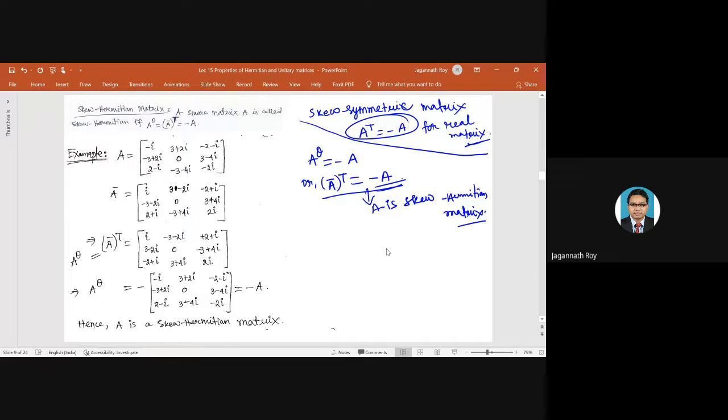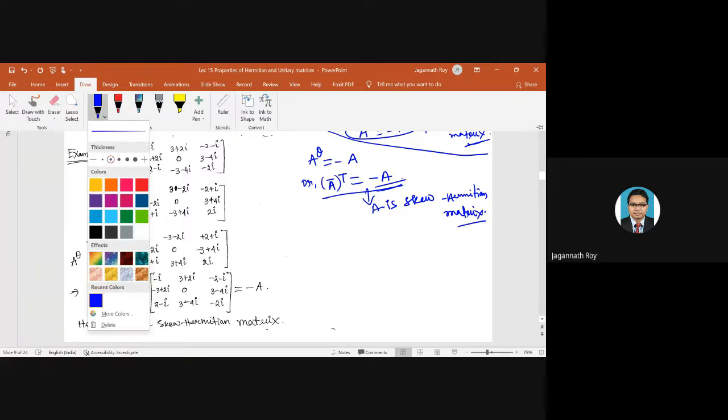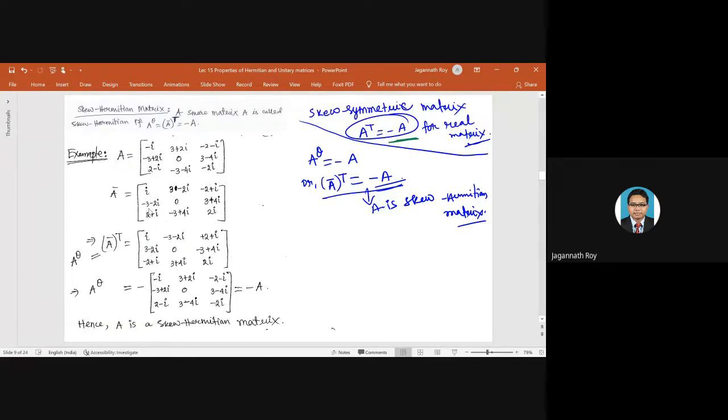So what is a skew Hermitian matrix? Just like we have studied the skew symmetric matrix, here also we can see the skew Hermitian matrix. For a skew symmetric matrix, A transpose will be negative A for the real case.